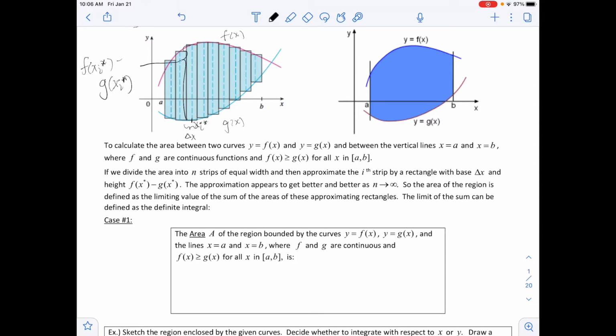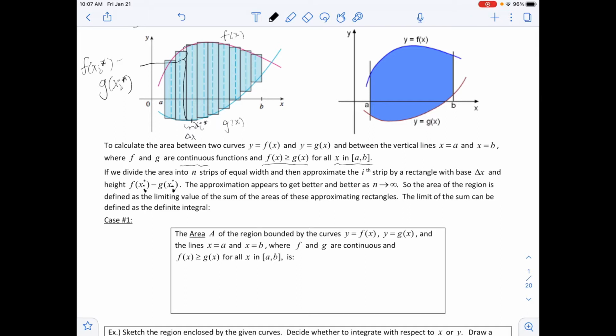So to calculate the area between the two curves, f and g, and between the vertical lines a and b, where f and g are continuous functions, and also f of x is greater than or equal to g of x for all x in the closed interval from a to b, we divide the area into n strips of equal width and approximate the ith strip by a rectangle with base delta x and a height of f of x i star minus g of x i star.